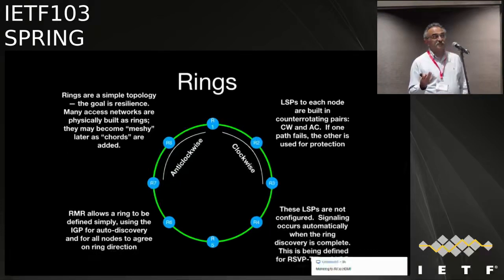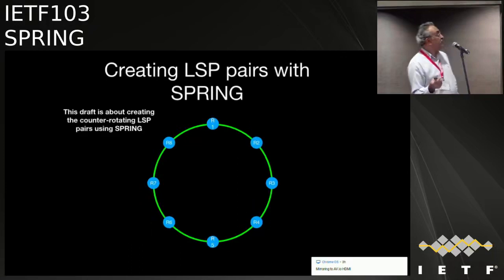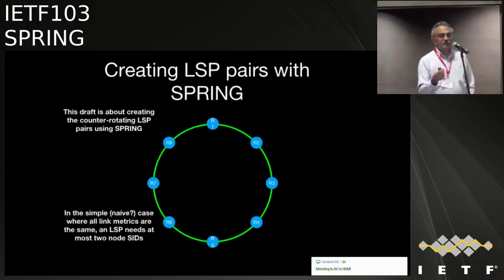In the simple case, if you think of all the metrics being equal, you need one node SID to go in the short direction and two node SIDs to go in the long direction. So here you see an LSP from R1 to R4, and the clockwise LSP is just the node SID for R4.